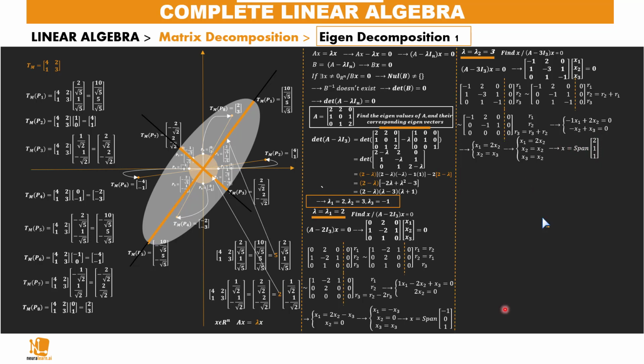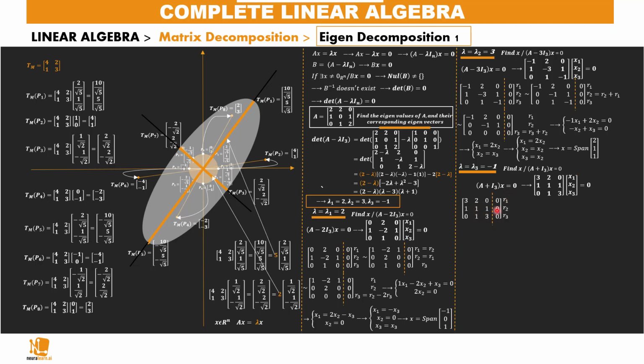When lambda 3 equals negative 1, we can find the eigenvectors, which verify (A plus I3) times x equals 0. This leads to this equation, which permits us to get the null space of A plus I3.